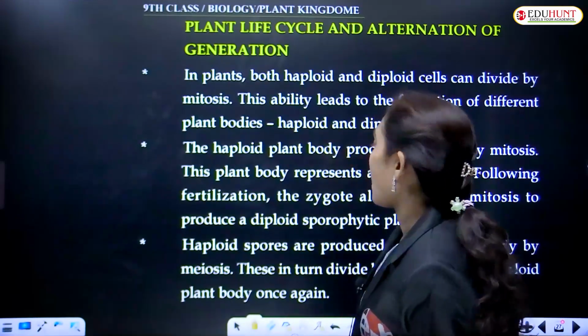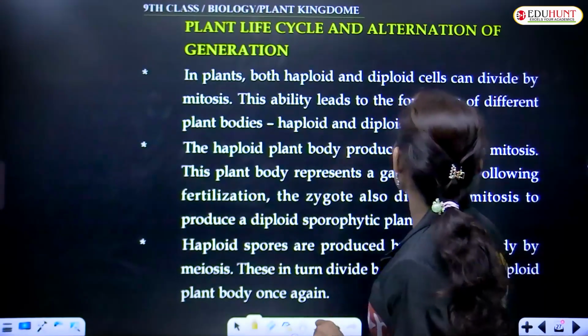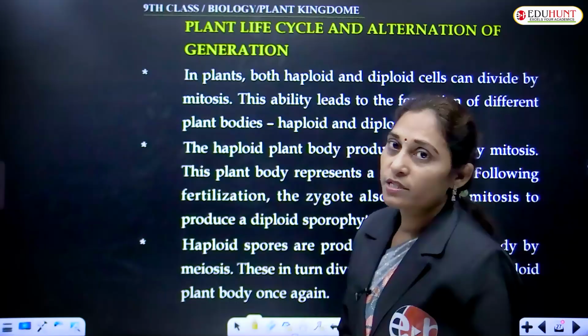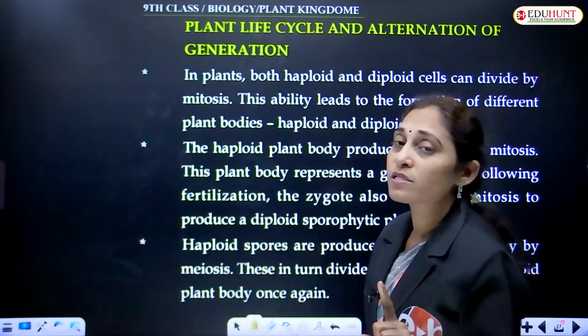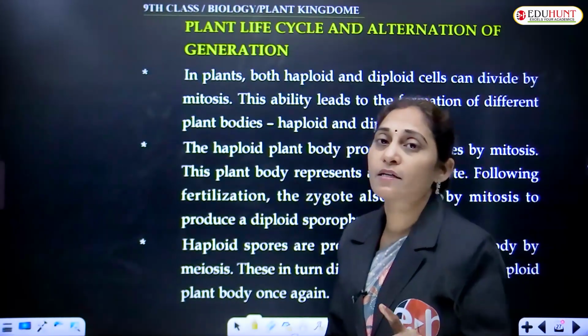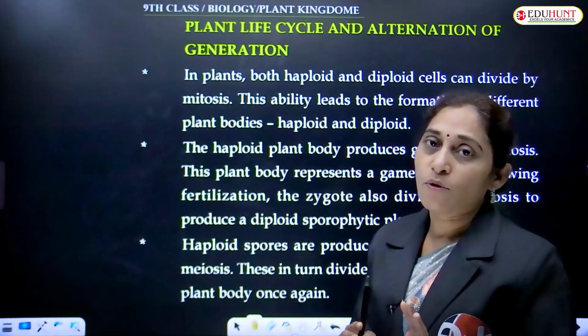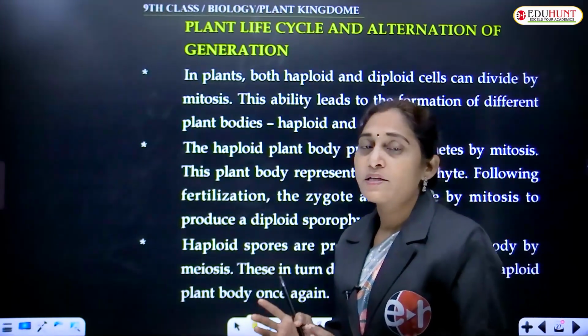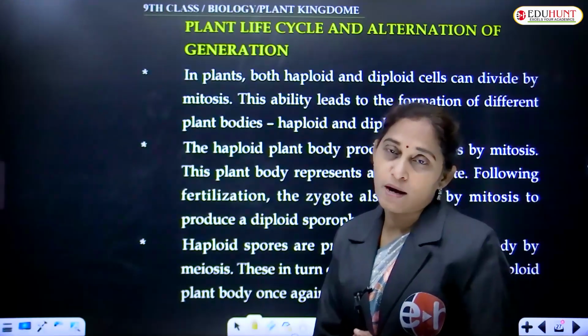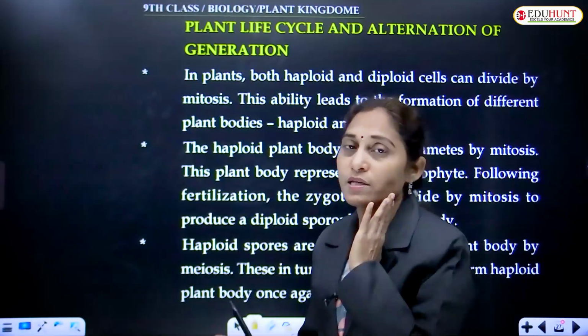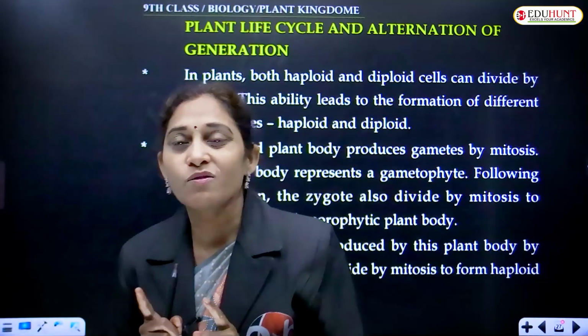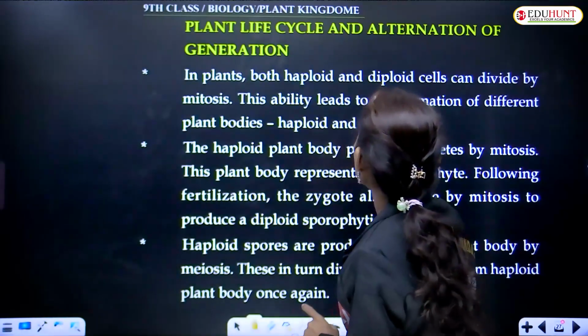In plants, both haploid and diploid cells can divide by mitosis, but meiosis occurs only in the diploid cells, not in the haploid cells. Mitosis may be seen in both the cells, but meiosis is seen only in the diploid cells.